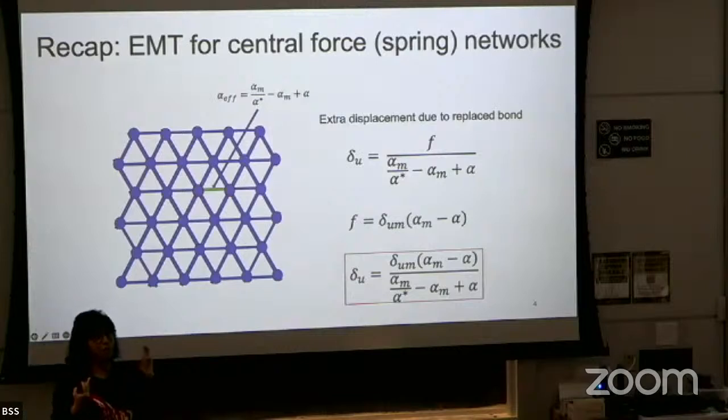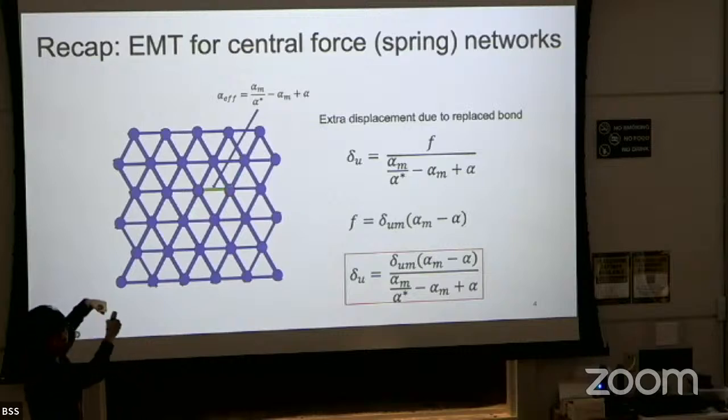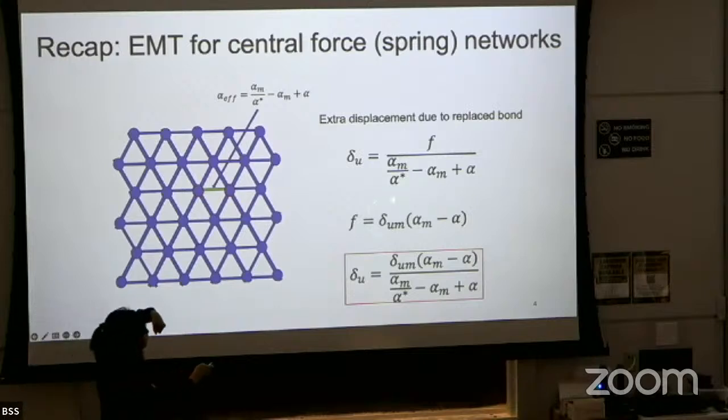Think of a virtual force, not a real force, that would bring the two bonds back to the same position where they were before the replacement of the spring. What should that force be? That virtual force should be this delta U times the difference between the original spring constant and the new spring constant that you replaced it by.